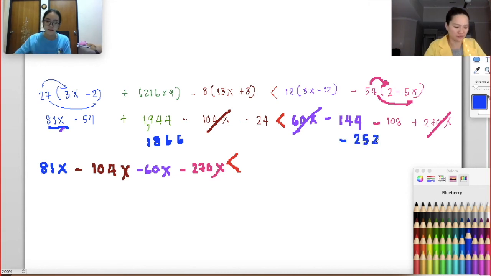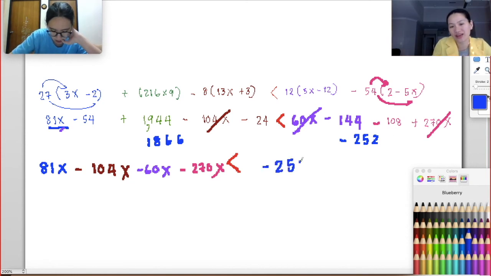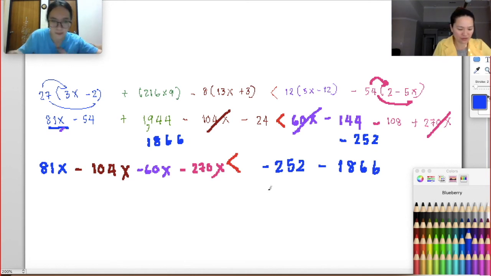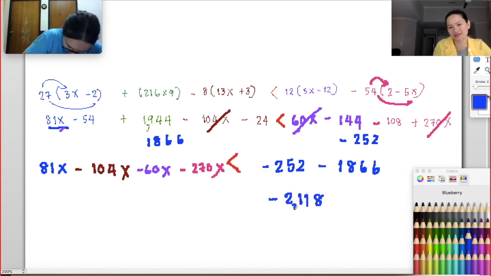Can you double check? I move 1866 to the other side, it's going to be negative 1866. So it's equal to negative 252 minus 1866, negative 2118, is less than.